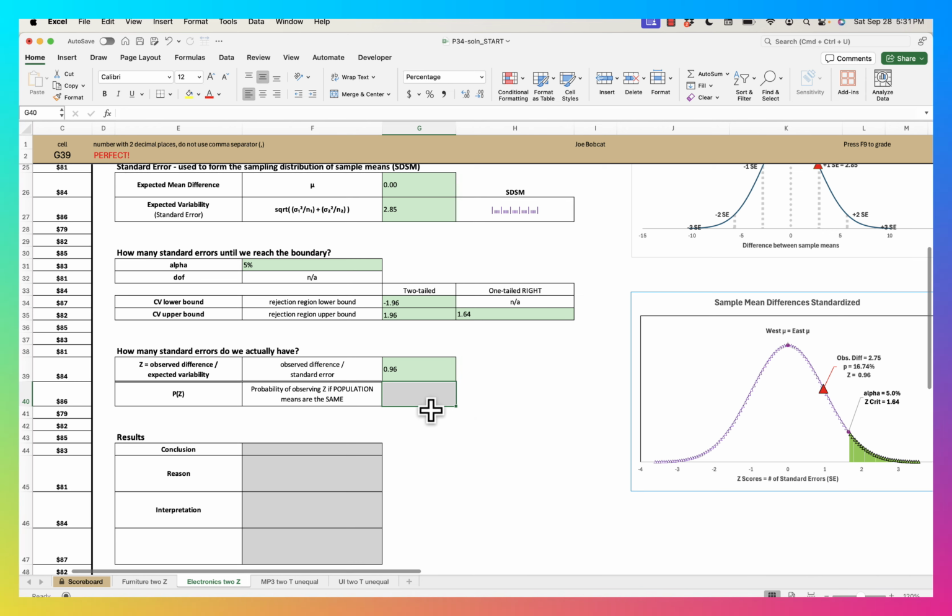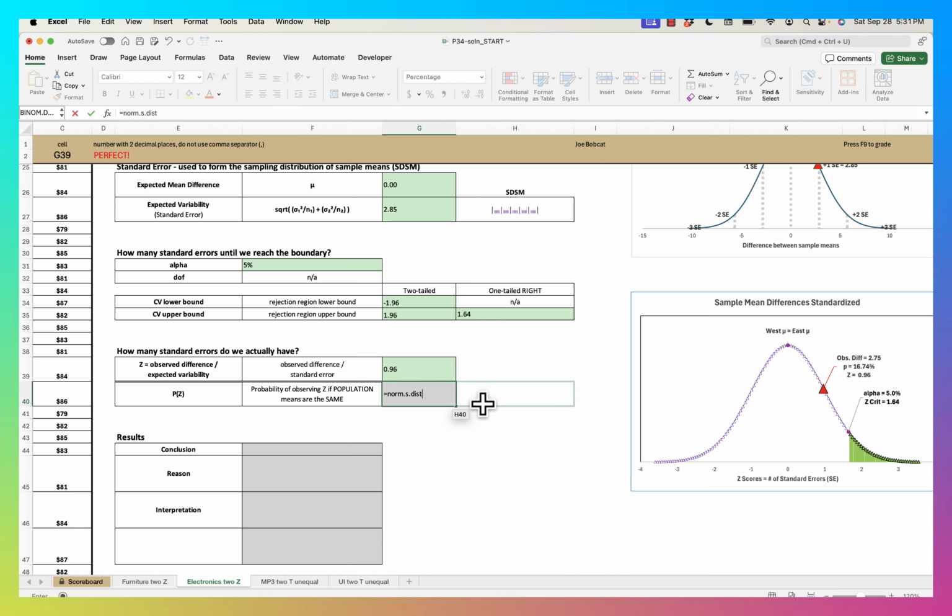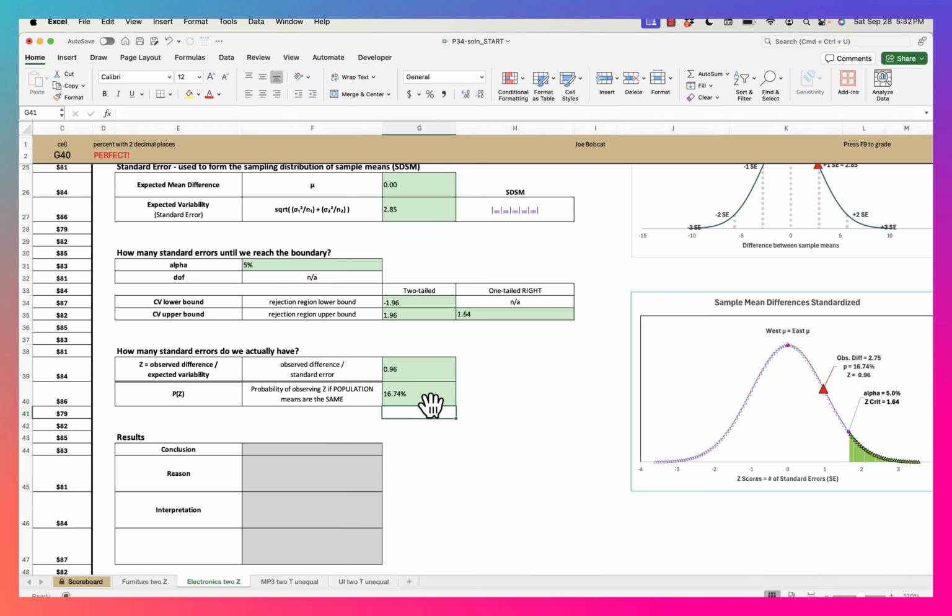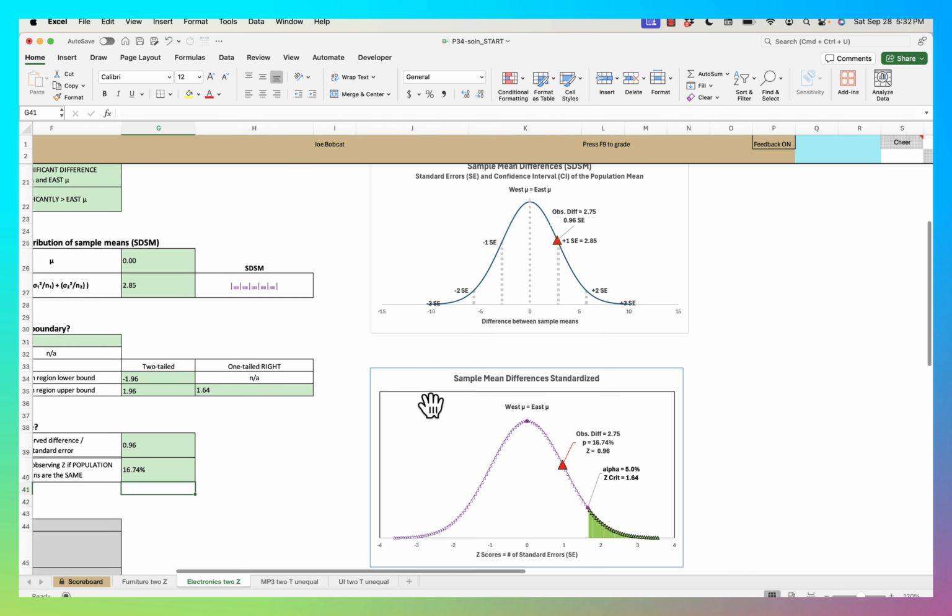So 0.96, and the probability of seeing a z-score of 0.96 is given by NORM.S.DIST of z, true. And the problem with this is that this is going to give us the probability on the wrong side, so we have to take the whole thing and subtract it from 1, and that gives us the probability on the right side. And you can see all of this over here.